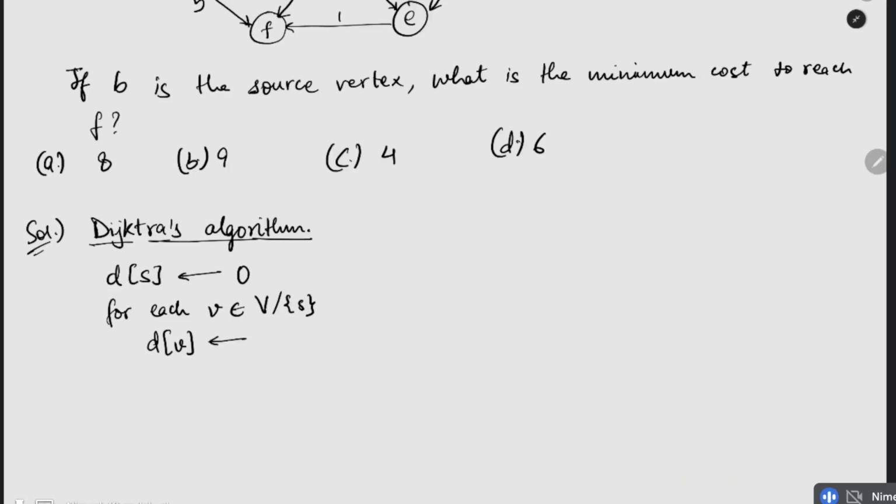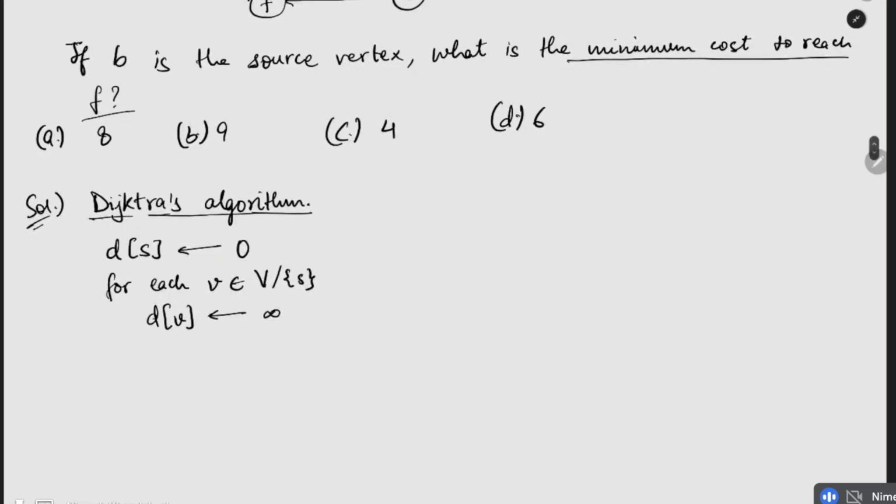And these are the distances that we will be updating. Now, what we want to know is what is the minimum cost to reach F, right? And that's what Dijkstra's algorithm gives. Finally, we end up with the minimum cost of reaching any vertex starting from the source vertex s, and those distances are saved in these variables d, right?